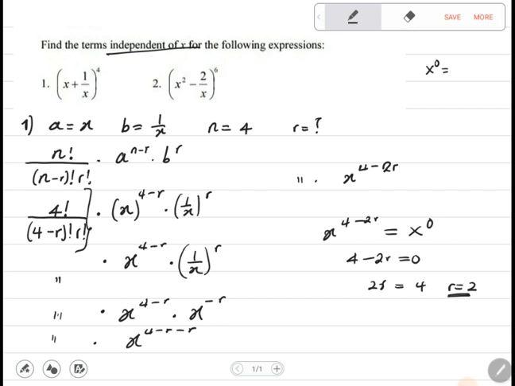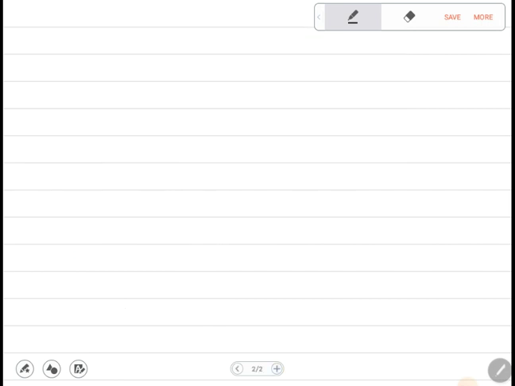Which we are going to do now. So remember, it's 4 factorial divided by 4 minus r, which is 2 factorial, then multiplied by 2 factorial. This will give us 4 factorial divided by 2 factorial and 2 factorial.